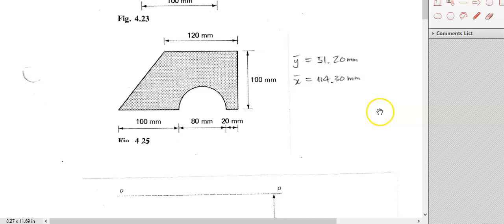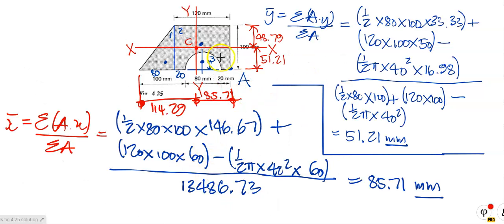We got 0.29, that's good enough. But because you worked from here, you got this one and the other one. If you work from this point down here, you would have gotten 48.79 and 85.71. If you work from this point here, you would have gotten that one and that one, which is given there.